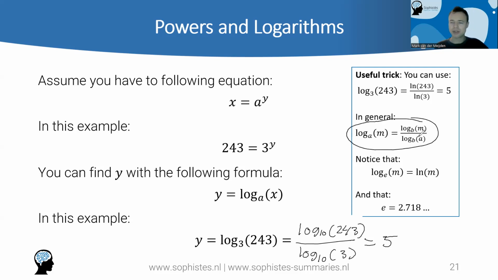So in general, it always works. That's what they're saying here. You can use the E here, or you can use the 10 here, or any other number. Okay, is this clear for everybody? Yes?